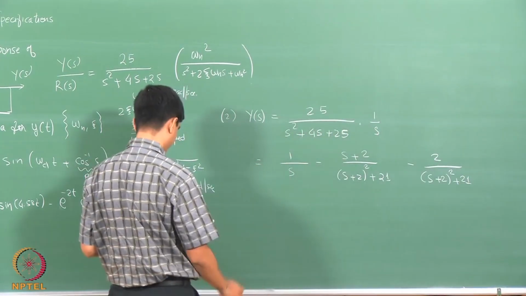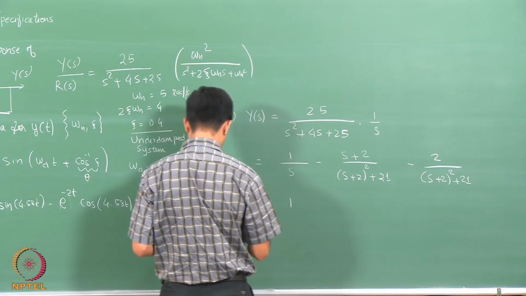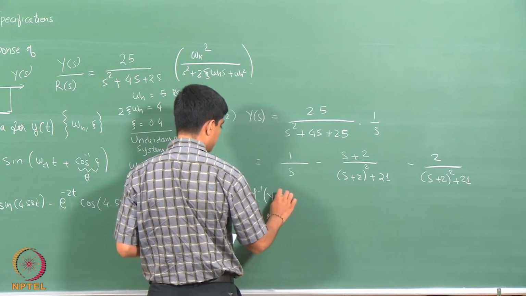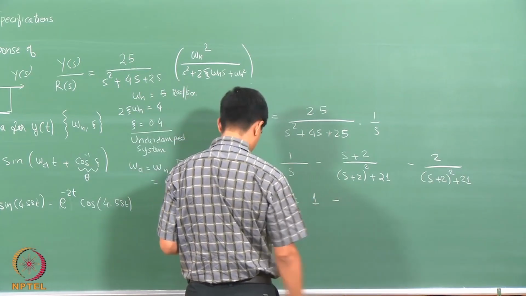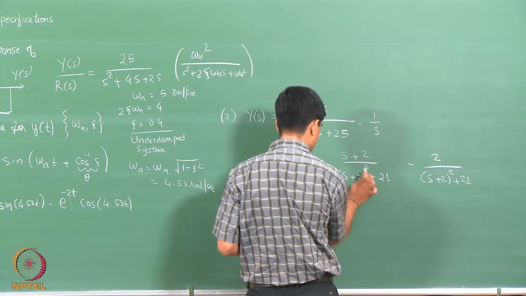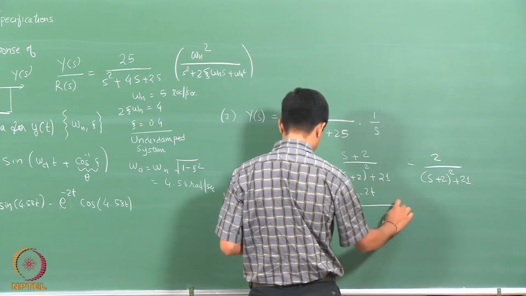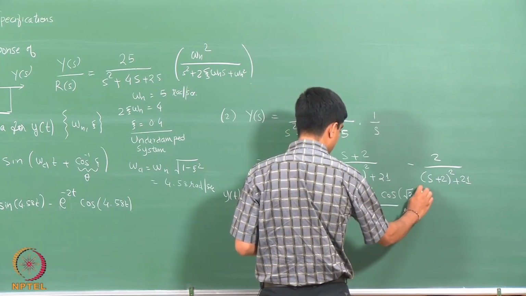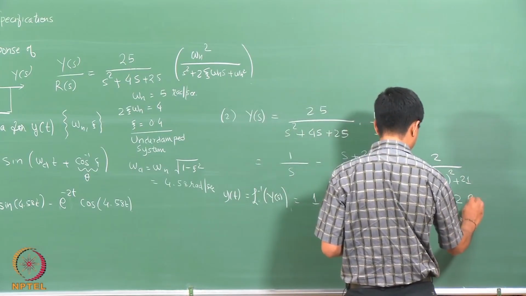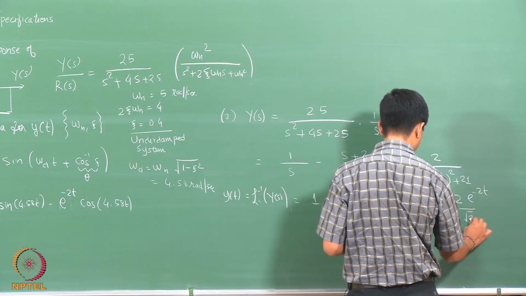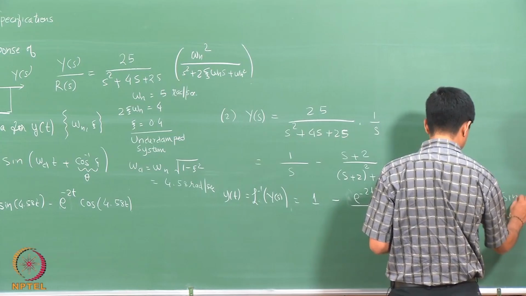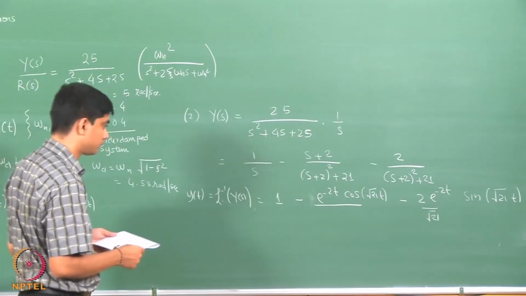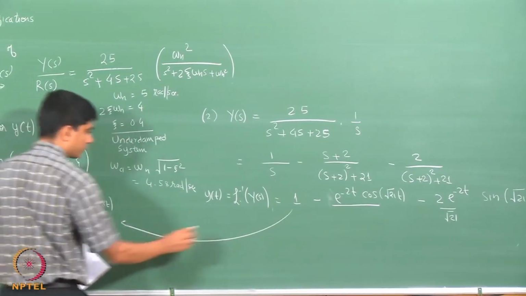Then the inverse Laplace transform gives y(t), which would be 1 minus e power minus 2t times a cosine term, and this is equal to this.